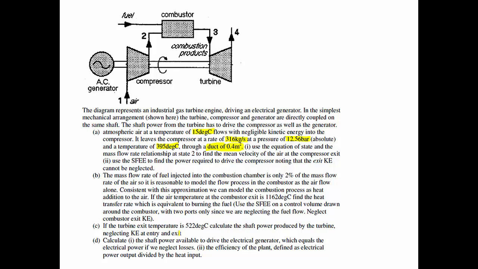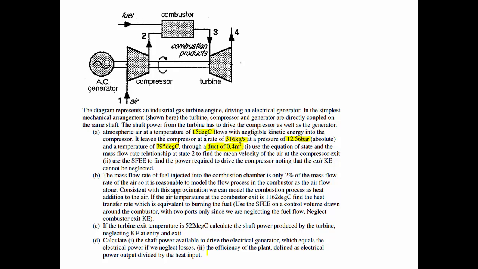Part C, calculate shaft power. So now we're working, so in part A we've worked out the work in. In part C we've got to work out the shaft power, so the shaft out, power out of the engine. Again, neglecting or not the kinetic energy.